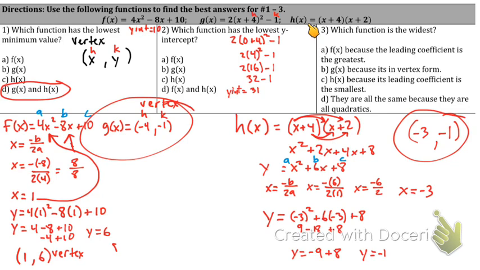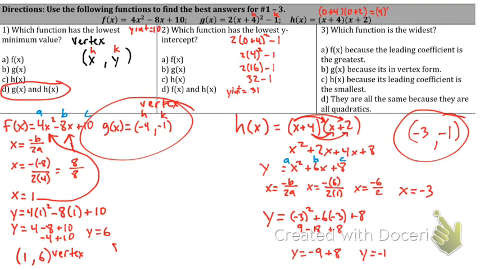So h of x, I'm going to plug in 0 for x. And let's do this math. So we got 0 plus 4, parentheses, 0 plus 2. Okay, that actually gives me 4 times 2.